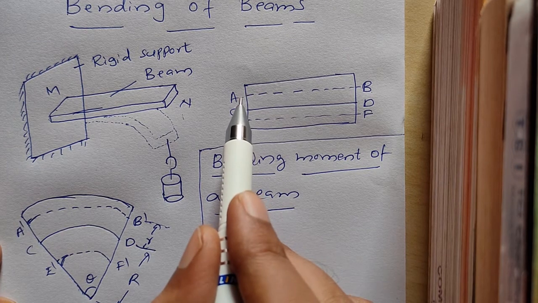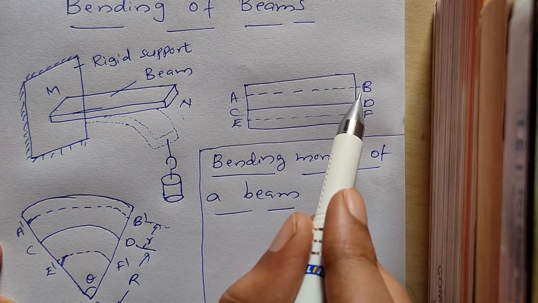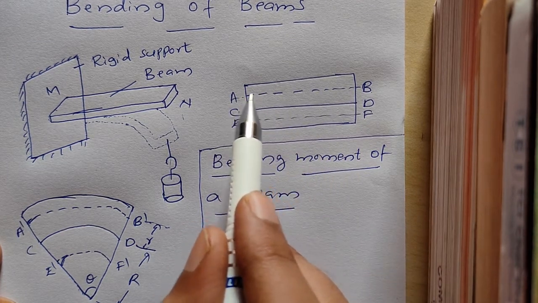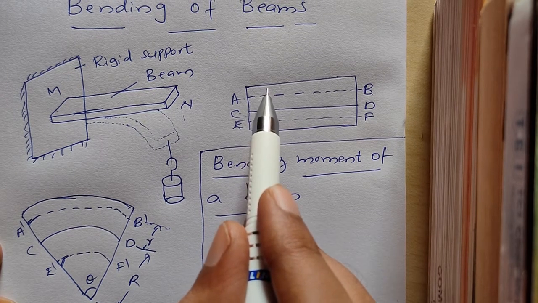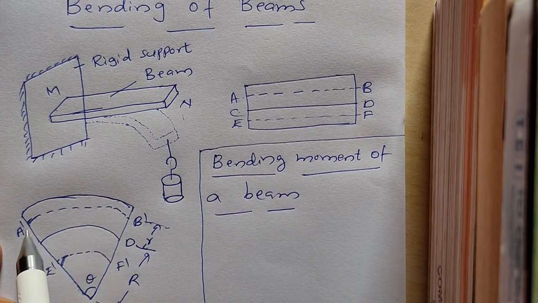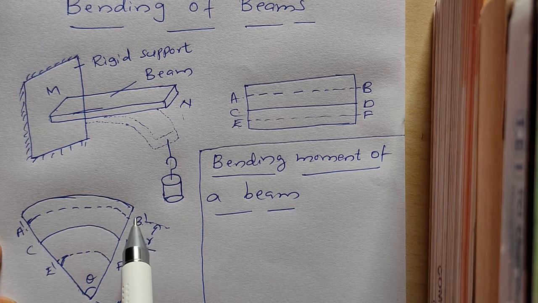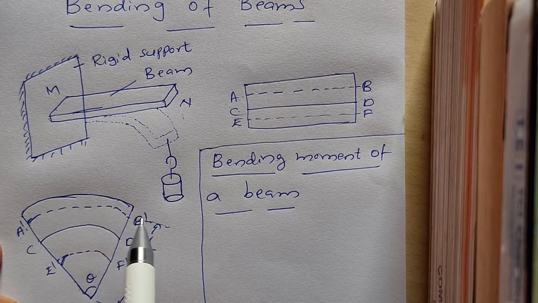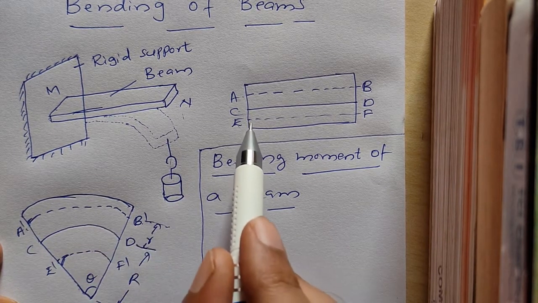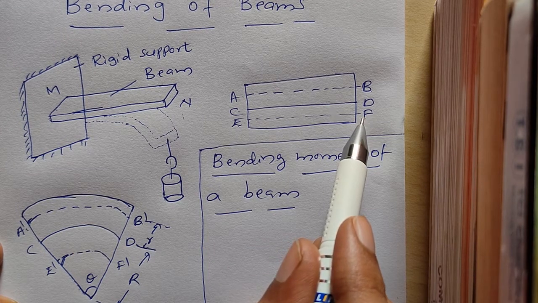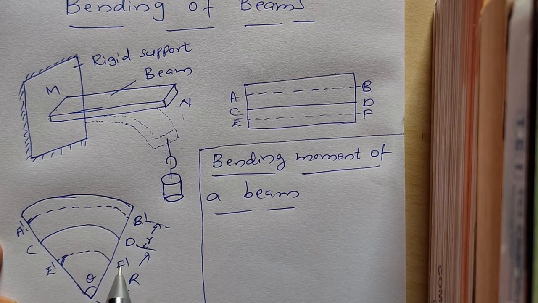A filament like AB, on the top layer, the upper side, is going to be extended to A dash B dash, whose length is going to be increased, and a filament like EF is going to be contracted to E dash F dash.